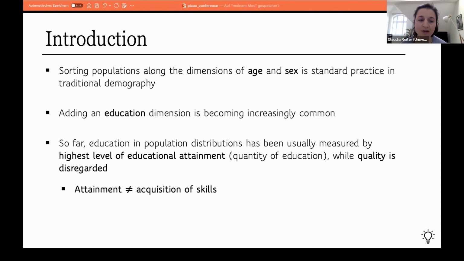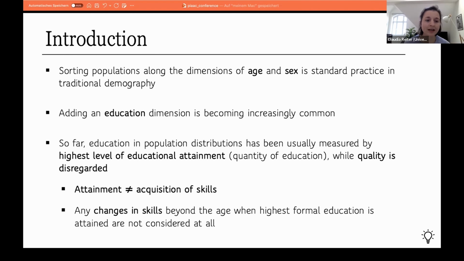First of all, as you probably all know, attainment does not necessarily mean the acquisition of skills, and skills might be in many regards more important than just having a degree. And second, any changes in skills beyond the age when highest formal education is attained are not considered at all. Once you have received your highest formal degree, you will be shown in the population distribution with this degree, even though your skills might change over time.